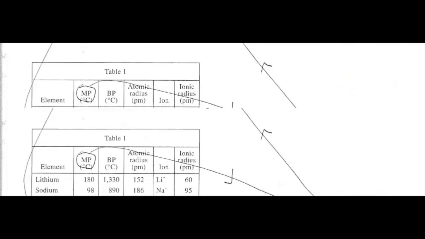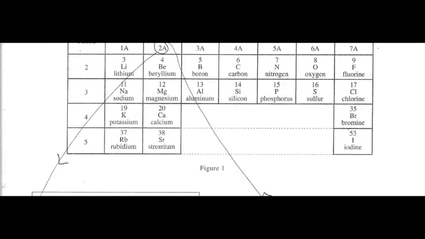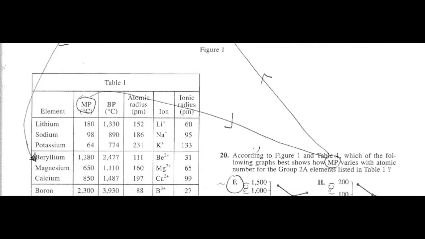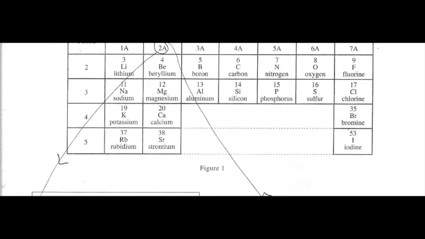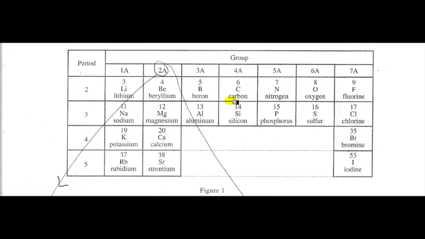We come over here, we look at the next element. The next element over here, 13, is aluminum. Let's find aluminum, look at the atomic radius. Here is aluminum, and here is the atomic radius, 143. It looks like we're continually going down. Let's take a look at the next one. The next group up here from Period 3 is silicon at 14.